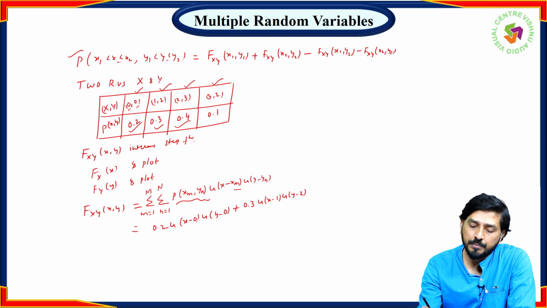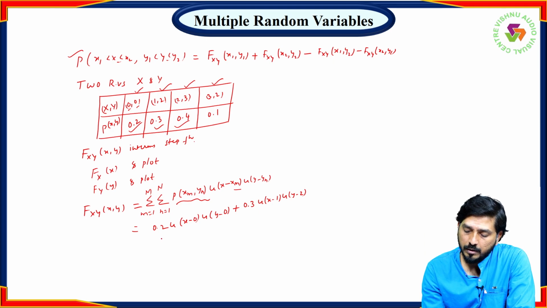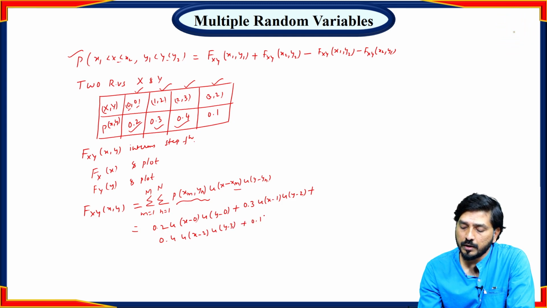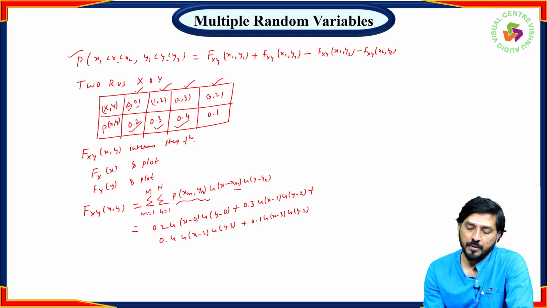Then the third set, plus 0.4 u of x minus 2 and u of y minus 3, plus the last one 0.1 u of x minus 3 and u of y minus 2. Hope you are following.